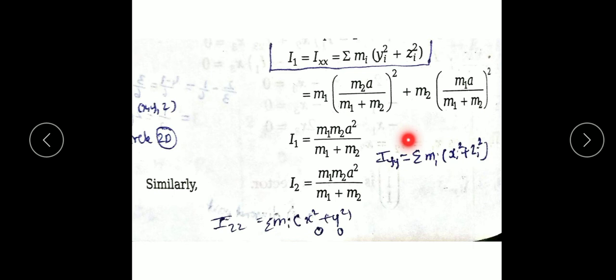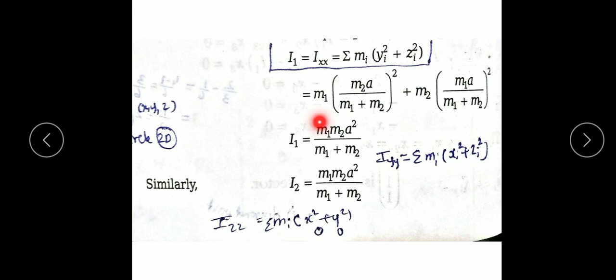Now if we see here, we would have m1 m2 square and here m2 m1 square. That means in both we can take m1 m2 as common, and a square also common.